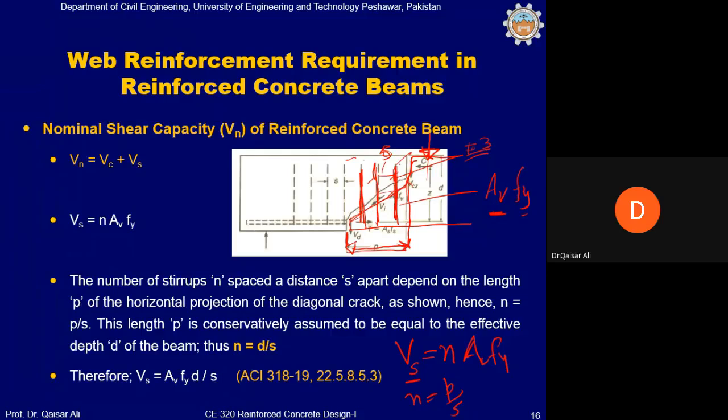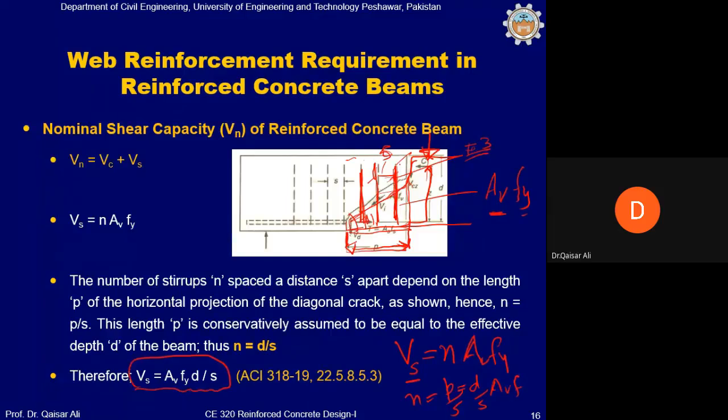The spacing between the stirrups is s, so the total number of stirrups crossing the crack will be equal to p divided by s. And roughly speaking, if the angle of the crack is 45 degrees, this p will be approximately equal to the effective depth of the beam. So this p can be replaced by d. This will be d divided by s times Av fy. So you will get this equation like this.